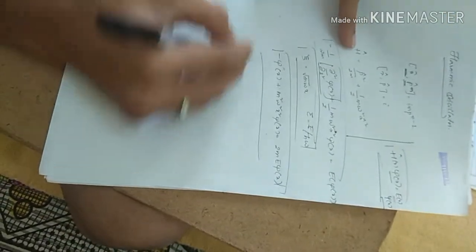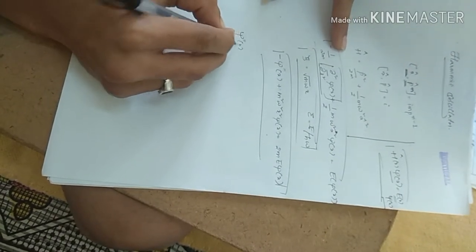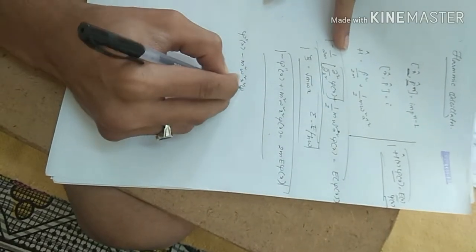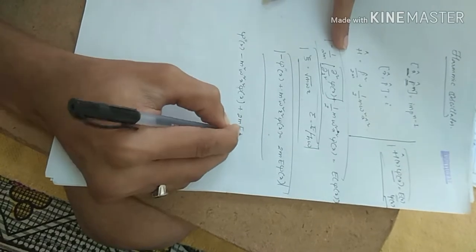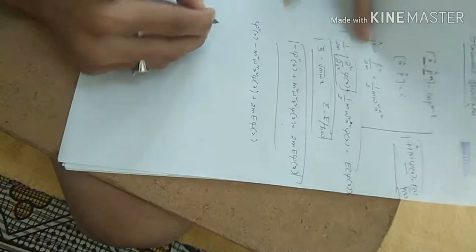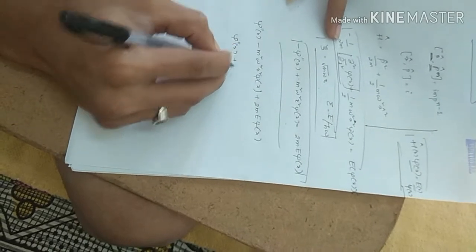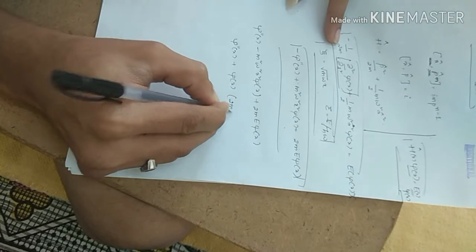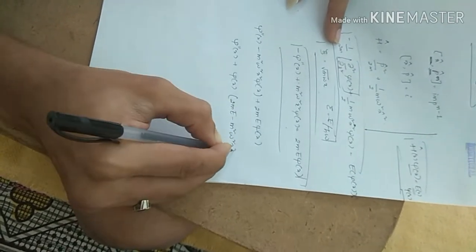Let us take this to the other side: minus m square omega square x square psi of x plus 2mE psi of x. Let's take psi of x common: psi of x times (2mE minus m square omega square x square).